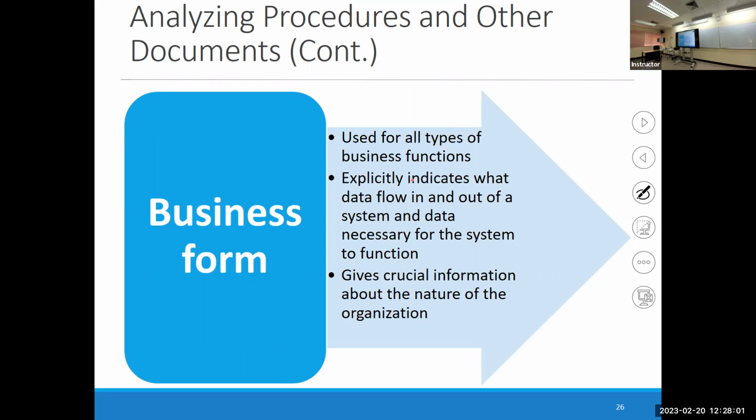Usually, users need to fill a form. When you go to a hospital for the first time, they will ask you, are you our existing patient? If not, the very first thing is filling a form, right? Because they want to know about you. So this form gives you some initial idea of what data to be maintained in the database, for sure.